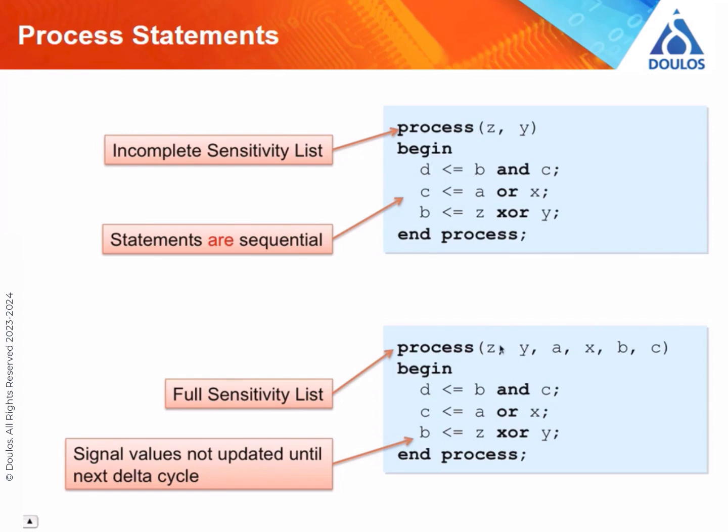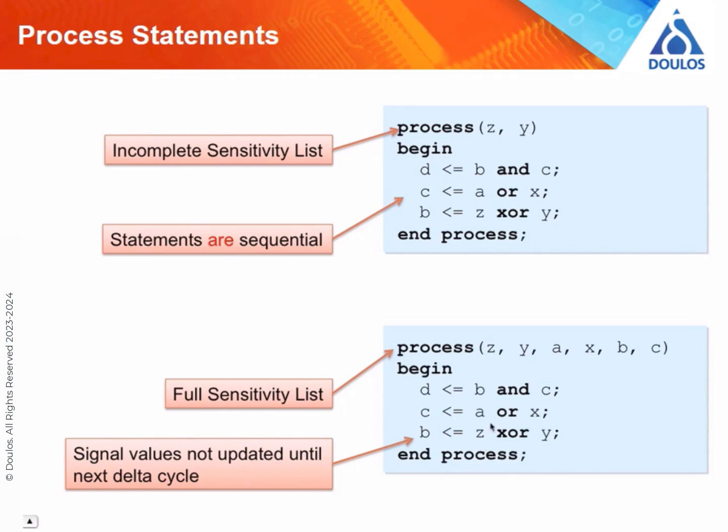Because what's going to happen is, let's say we change Z. The first time through, none of these statements are going to change any value, because they will execute, but they will not change value, because B, C, A or X has not changed, but Z has changed.